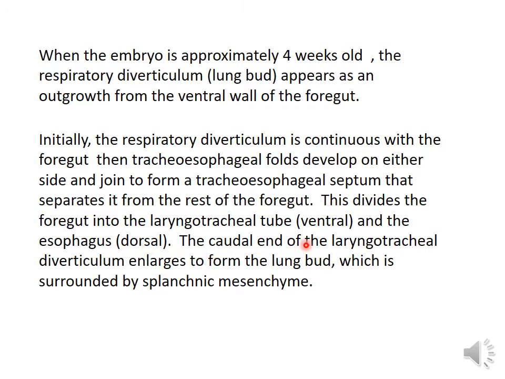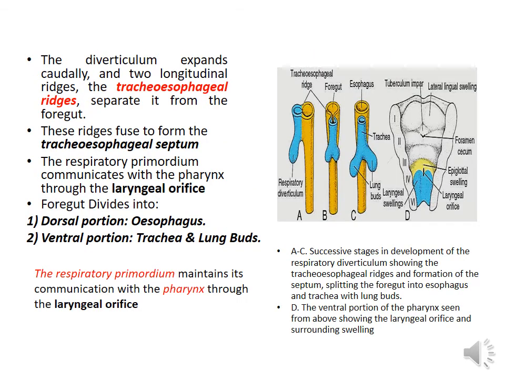The caudal end of the laryngotracheal diverticulum will enlarge and form the lung buds, surrounded by splanchnic mesoderm. This diverticulum will expand caudally, and two longitudinal ridges, as I mentioned, the tracheoesophageal ridges, separate from the foregut.